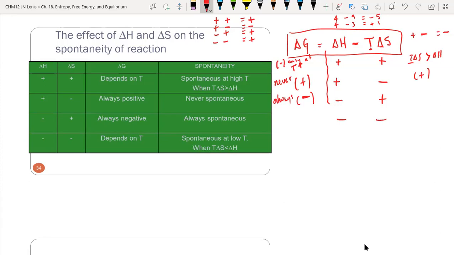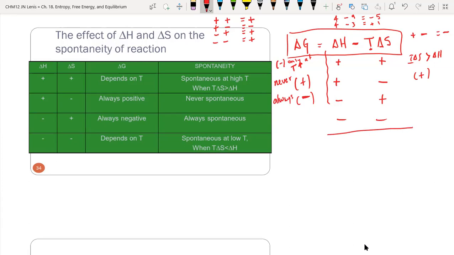Negative times negative equals positive. Positive plus minus, it depends, right? It could be positive or negative, similar to the situation we had before. But this time we are switching the signs.